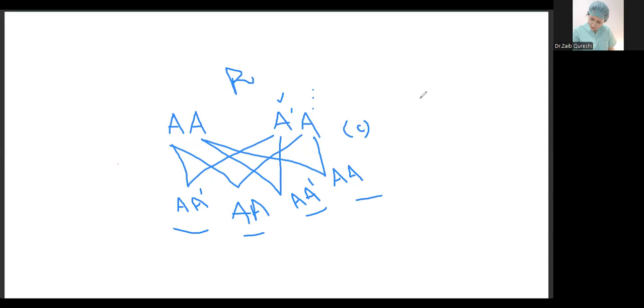Now, tell me, if you get a couple in which one parent is completely healthy and the other is homozygous for a recessive disease. Homozygous for a recessive disease, what is the meaning of this word?